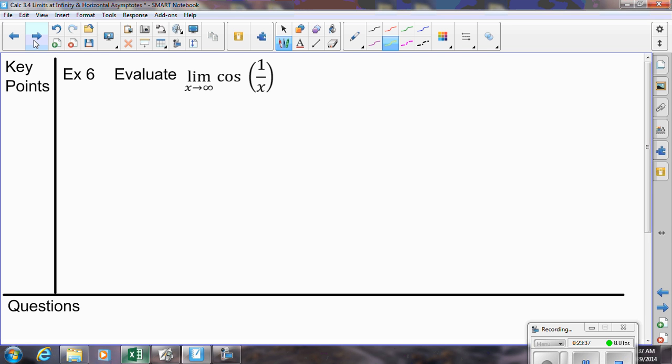Okay, what about this one? Cosine of 1 over x. Well, we're basically trying to think of this in terms of a direct substitution. And again, the pieces I'm writing, this is saying we're basically looking at cosine of 1 over infinity.